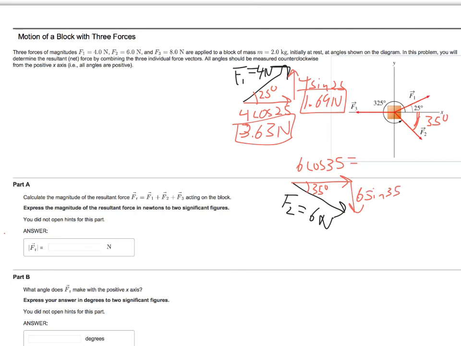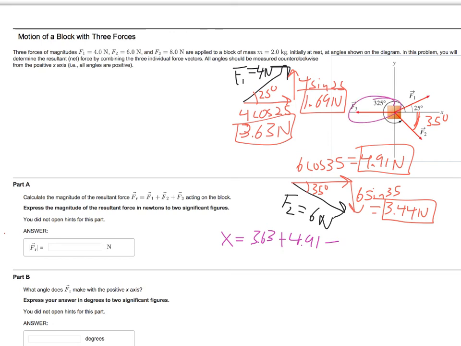And so we get that this x component is equal to 4.91 newtons, and my y component is equal to 3.44 newtons. Now that I have that, I can add up my x and y components like I would normally do for vector addition. So in the x direction, we have this 3.63 Newton force, plus we have a 4.91 Newton force, minus, we don't want to forget about F3, that 8 Newton force.